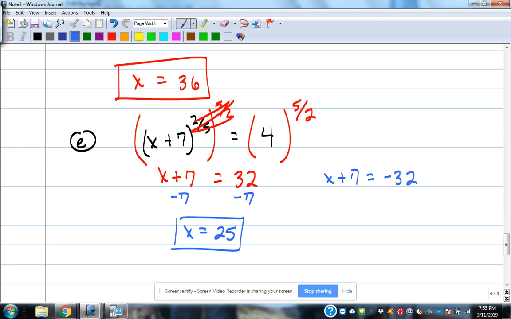Because of this even index, we do positive and negative on that evaluation. So x + 7 is equal to negative 32. We would subtract 7 the same way and get negative 39.